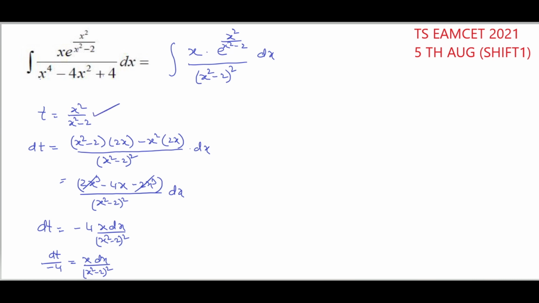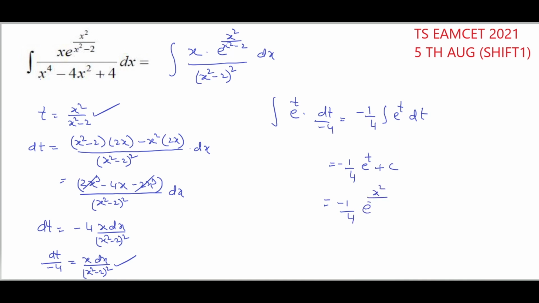So substituting these t and dt values in the given problem, that is the integration of e^t into x dx / (x² − 2)², that is dt/(−4), equals −1/4 times the integration of e^t dt, that is −1/4 e^t + c. Substituting the t value, that is −1/4 e^(x²/(x²−2)) + c. This is the answer.